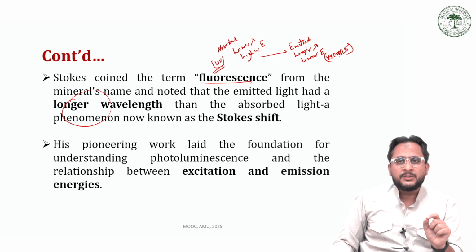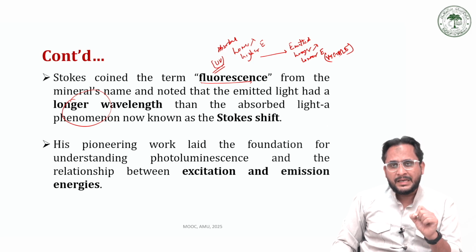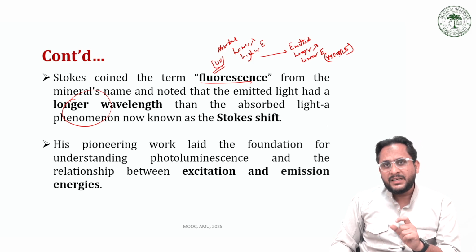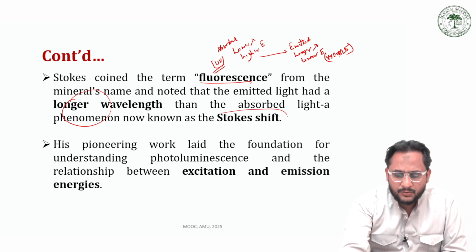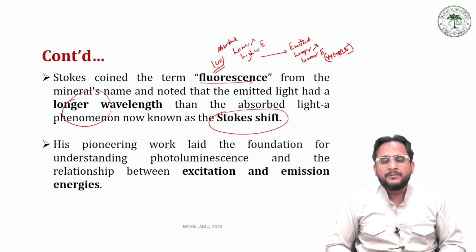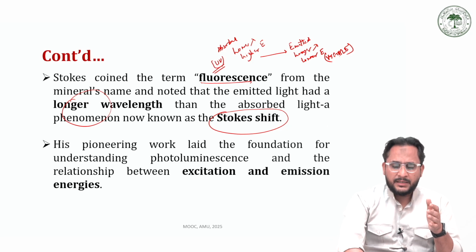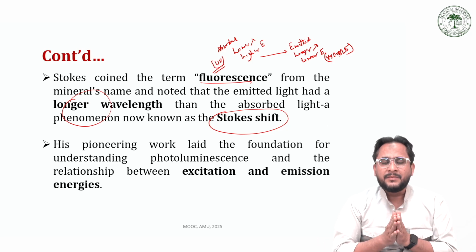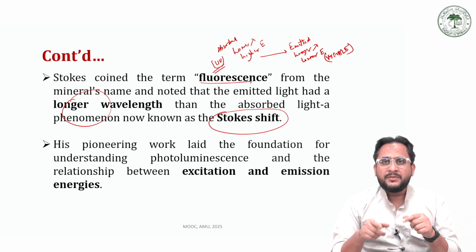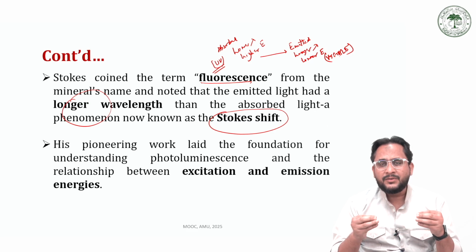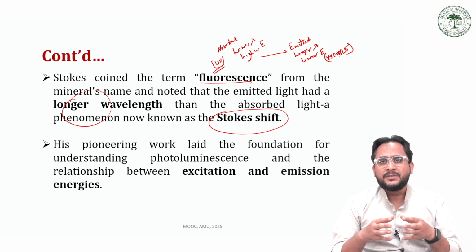Later, the difference between the wavelength of the light absorbed and the wavelength of the light emitted was called the Stokes shift. If the wavelength of light absorbed and the wavelength of light emitted are exactly the same, then there will be no difference between the two peaks, and we can say that the Stokes shift is 0.